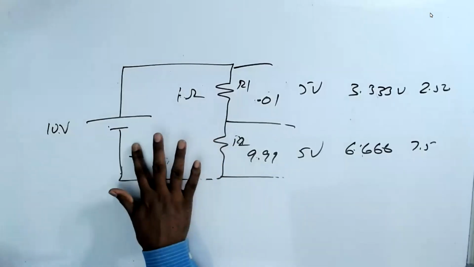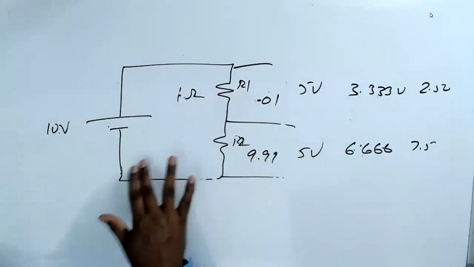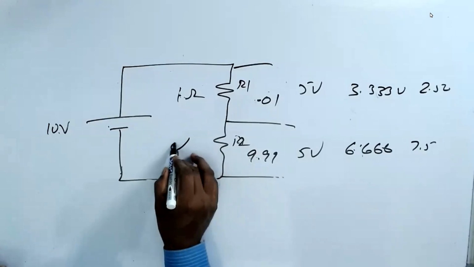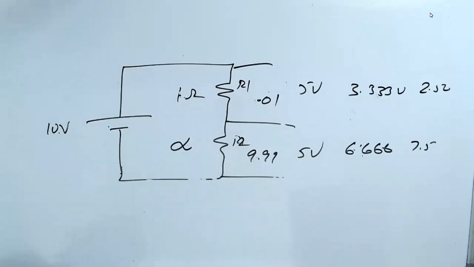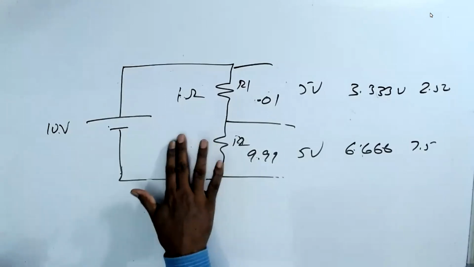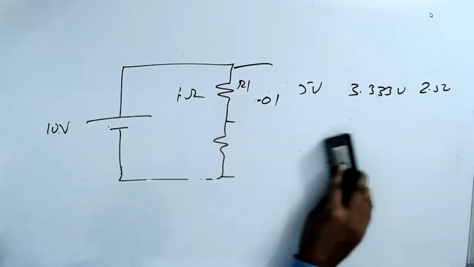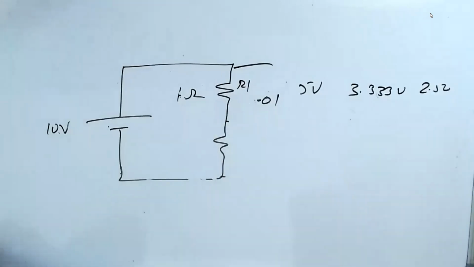Now, let us assume I make the resistance infinity. What will happen? When I make the resistor infinity, let us say you are running.